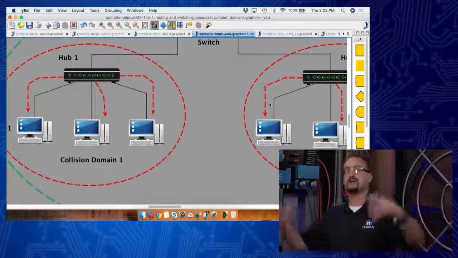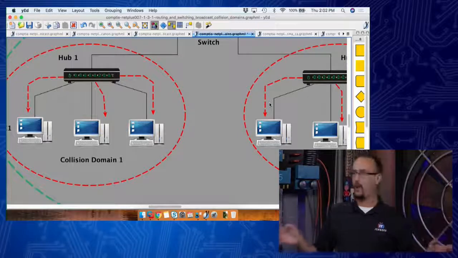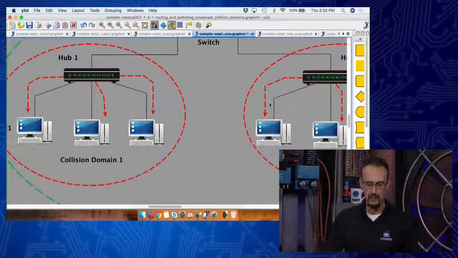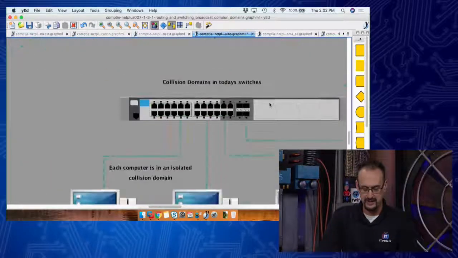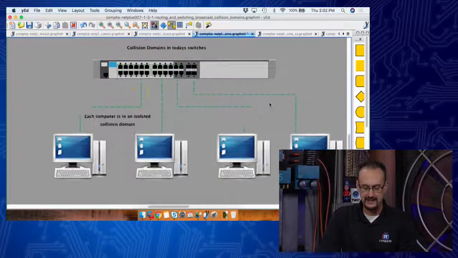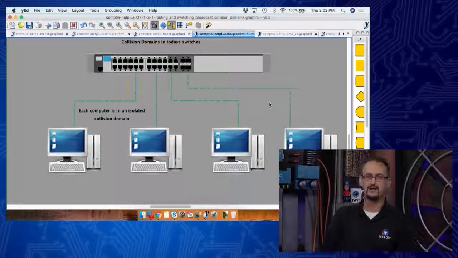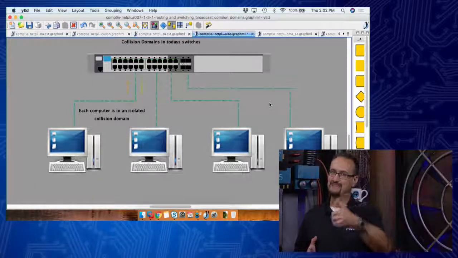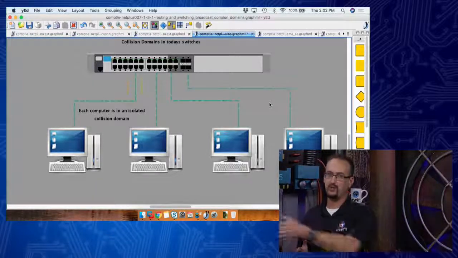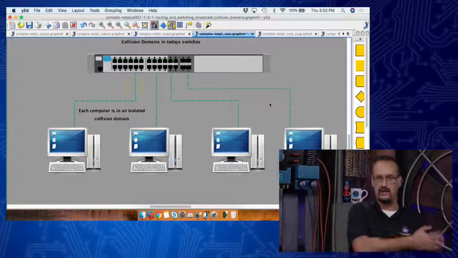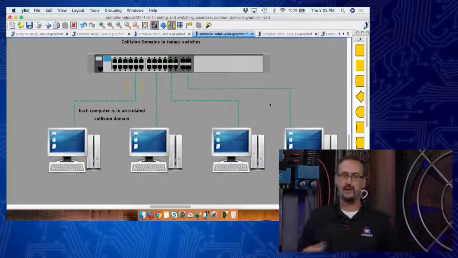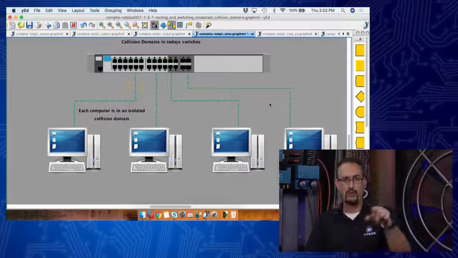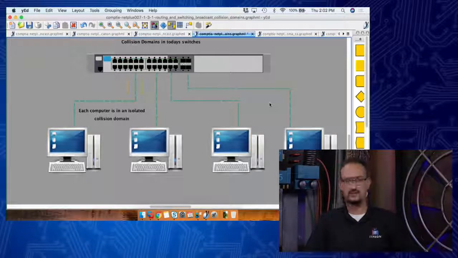More hubs and more computers, you're just creating one big broadcast storm. The one great thing about switches today is that switches isolate contention domains, right? Because essentially what we've done is we've removed the hub, we have plugged each device into its own port on the switch. And if you check out the network devices that we've talked about, the switch can forward between each port based on its destination MAC address.